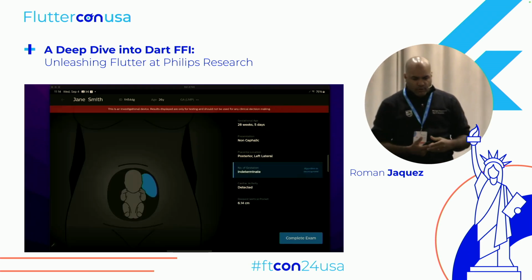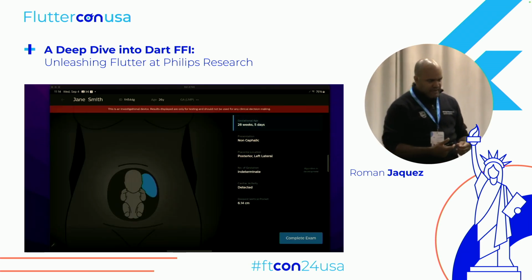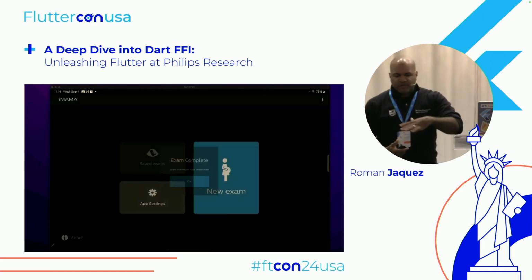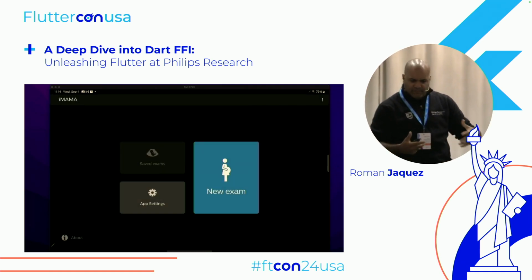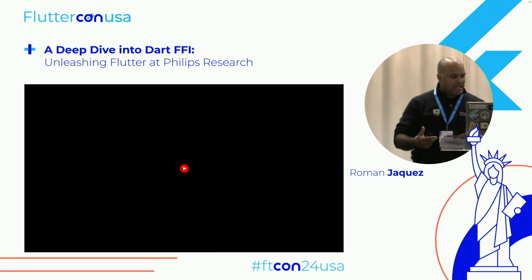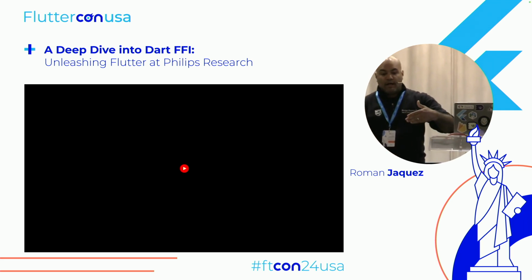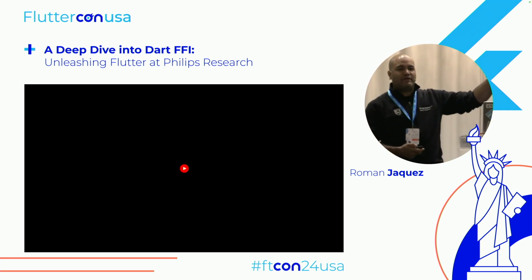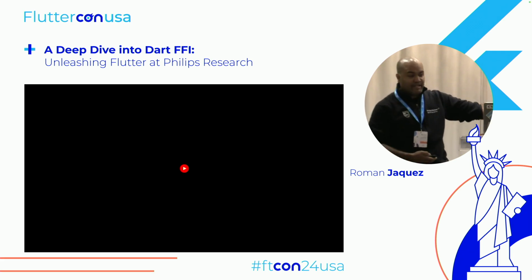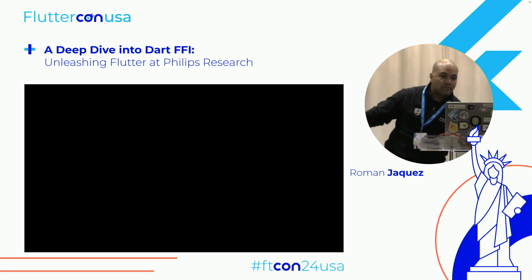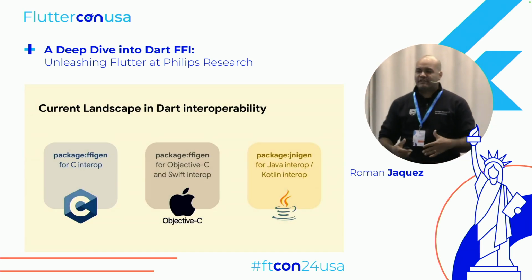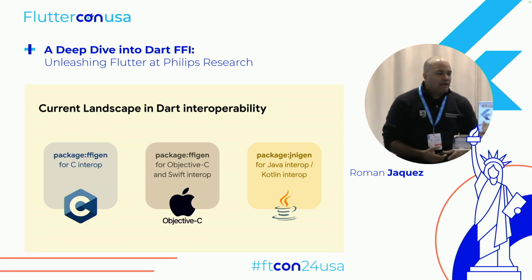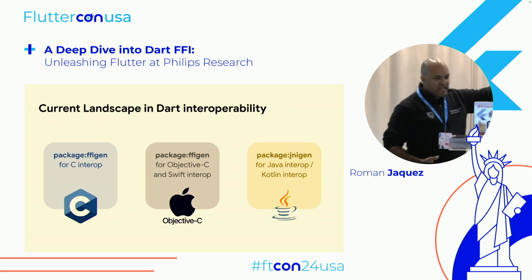Also, some of the animations are built in Rive. I don't know if you guys have heard of that library as well. And you see it's very smooth, very seamlessly integrated into our applications, and we're able to even package it as a Flutter module, and we can even do it as an add-to-app to other applications within Philips.